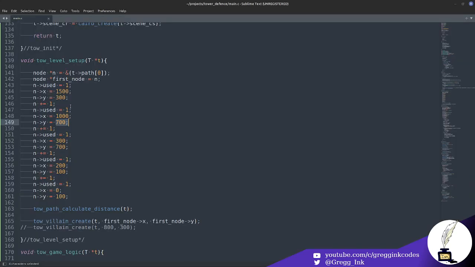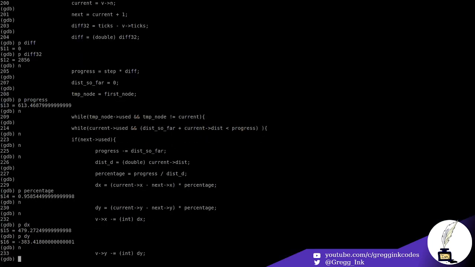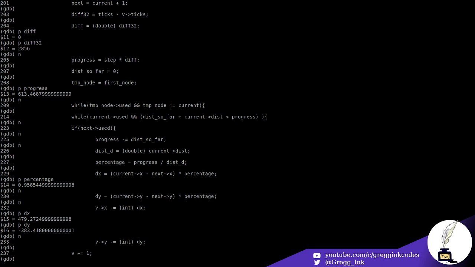And then a difference of 500, and that's 479. Yeah, that looks good. All that looks good, and we're going to do negative. We're going to subtract a positive number, so it's going to push us to the left. And we're going to subtract a negative number, so it's going to be adding, so it's going to bring us down.